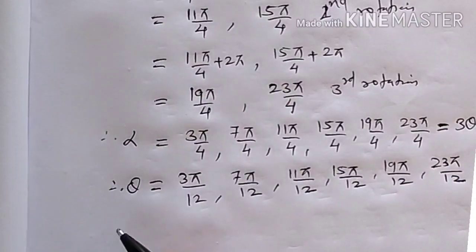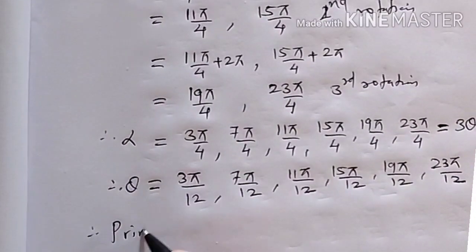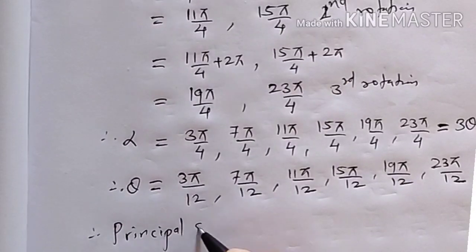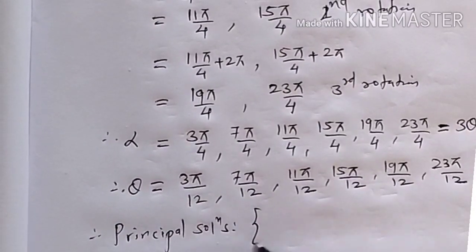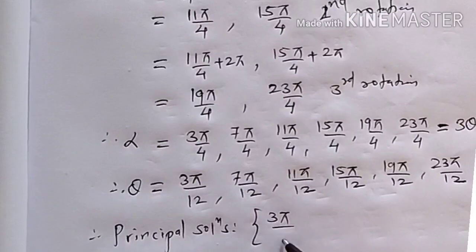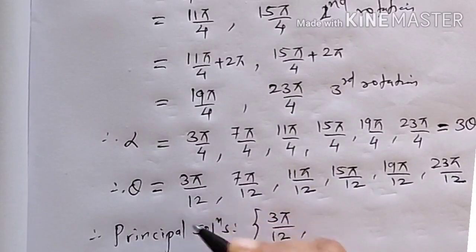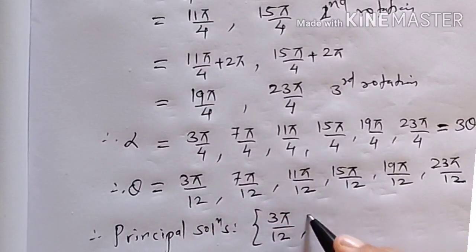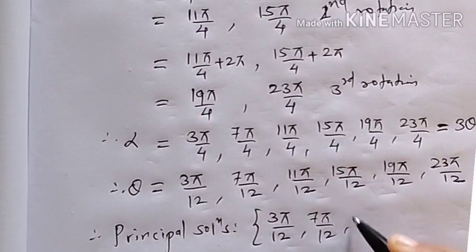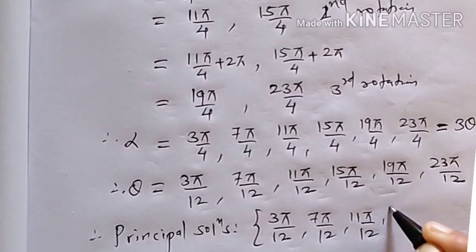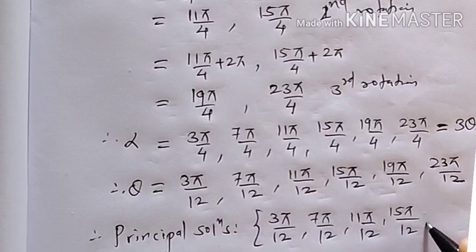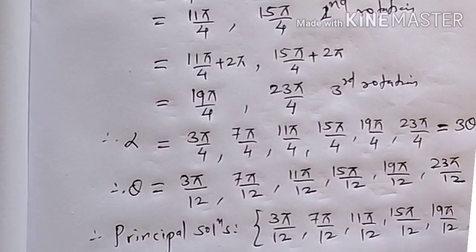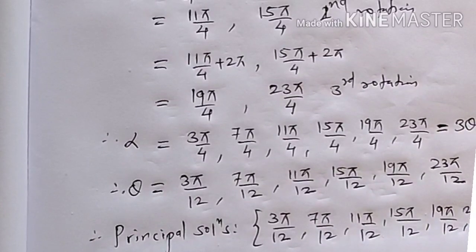The principal solutions in this case are all these values. 3 pi by 12, you may simplify this, so you get pi by 4. Then 7 pi by 12, 11 pi by 12, 15 pi by 12, 19 pi by 12 and 23 pi by 12. All these are the possible solutions for the given equation.